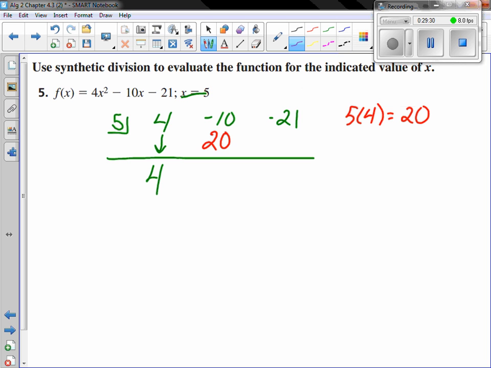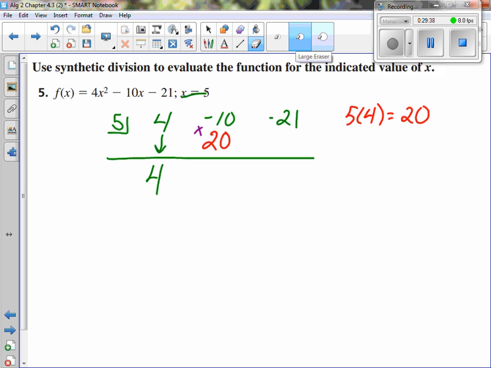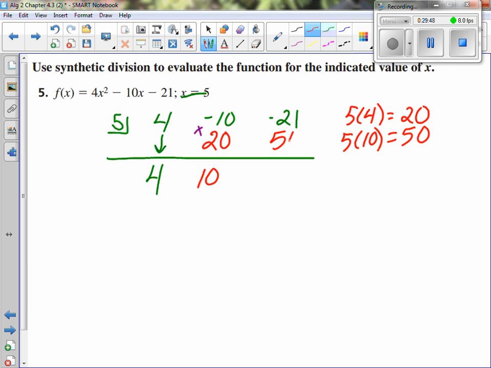And then we would add. So negative 10, or not negative 10, it would be positive 10. 5 times 10 would give us 50. Add and get 29.